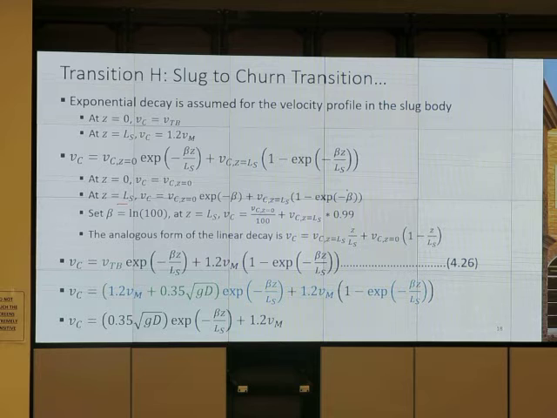What's beta? Beta is a constant sitting there, and in this case we select natural log of 100, and you will see the reason in a moment. We cannot have 0.